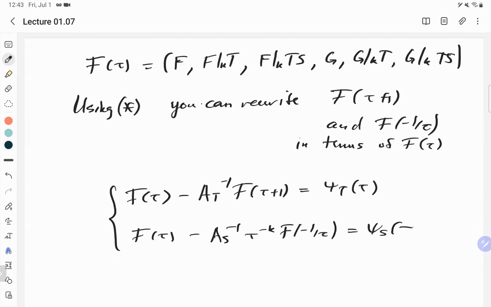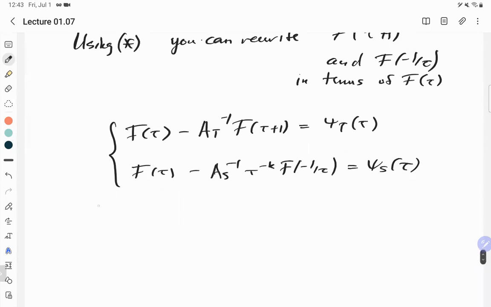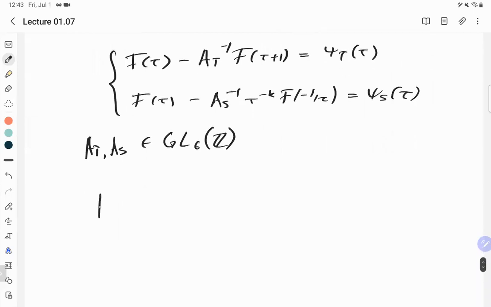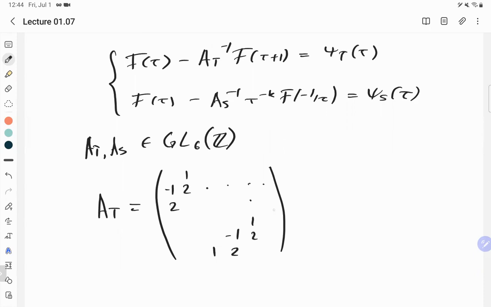Is psi s of t of tau. And so now these A_T and A_S are some 6 by 6 matrices. Let me maybe write them out, or at least one of them. It's mostly 0, except for a few non-zero entries: 1, 2, minus 1, 2, 1, and 1 here.